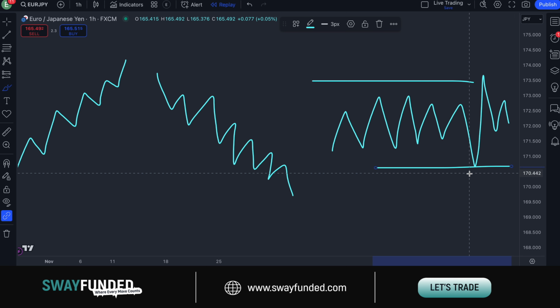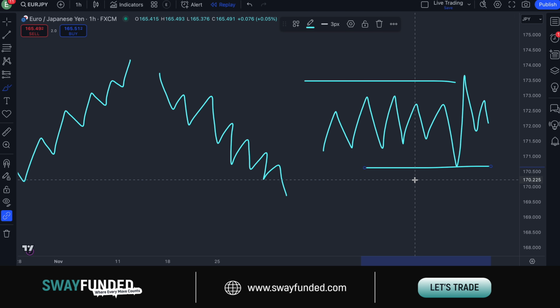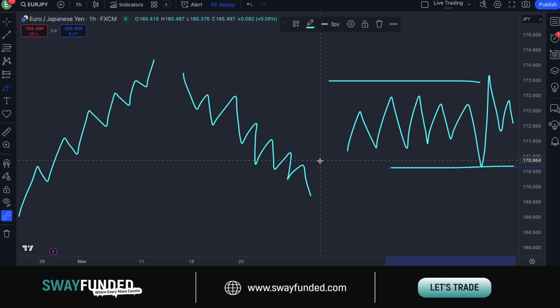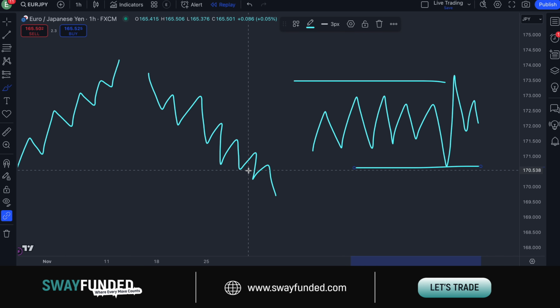In my head, it's just no man's land. I don't want to get into these market conditions, and some traders may want to. So these are the different conditions in which price can occur. And we're going to talk about how we can identify and forecast that range-bound price action can occur.